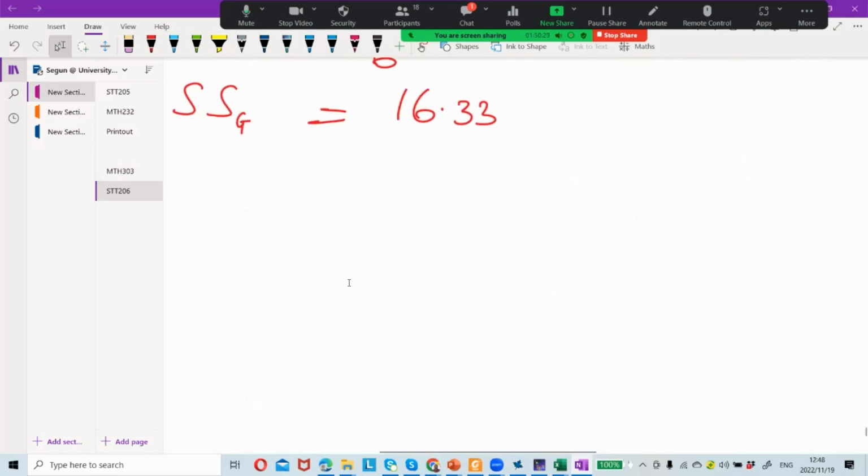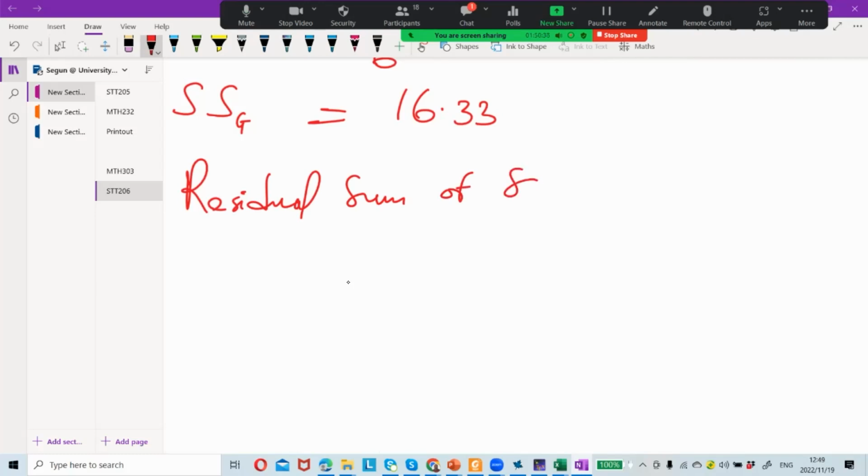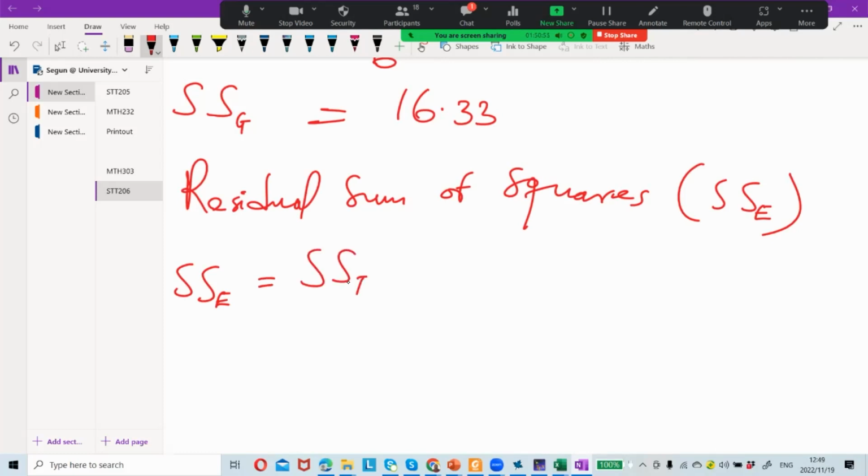Then that now leads us to residual sum of squares, which is SSE, the residual of square error. So SSE is equal to SST minus SSC minus SSR.